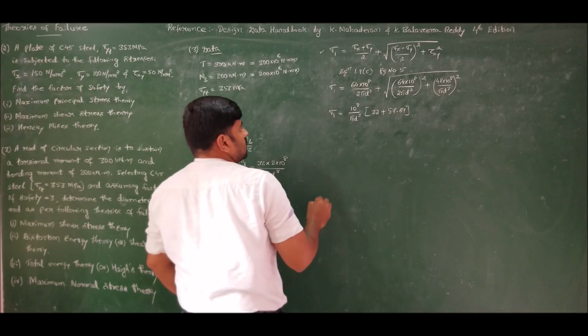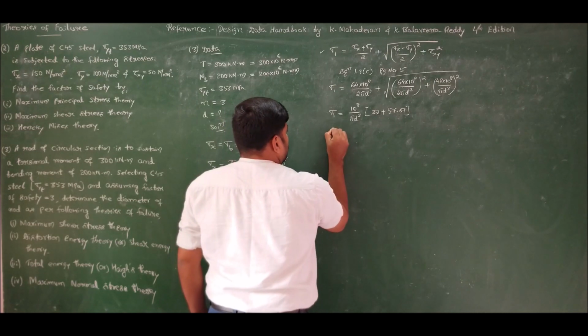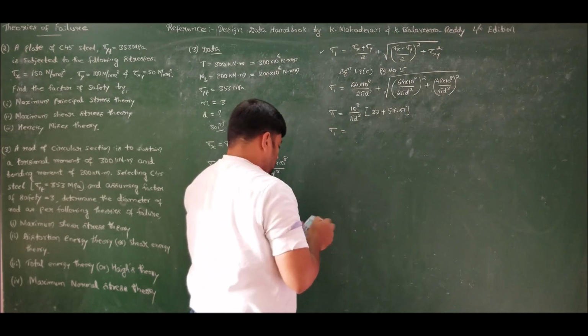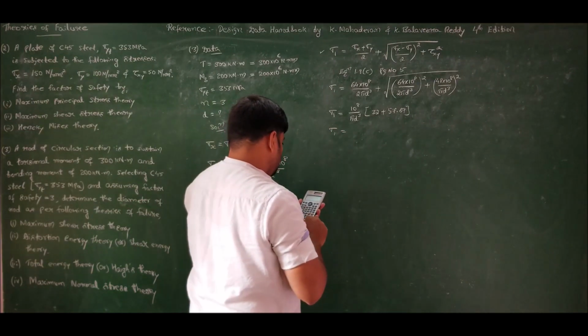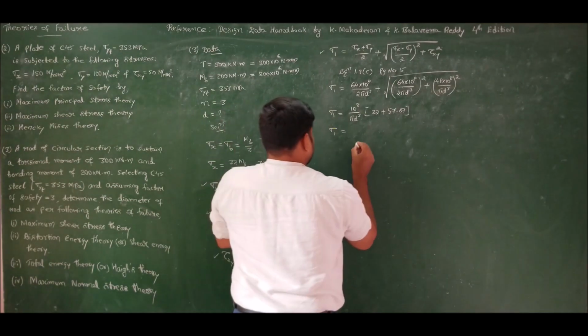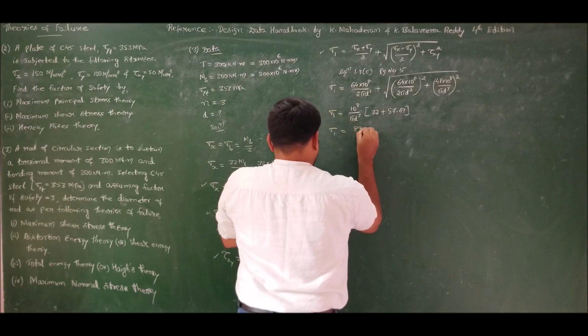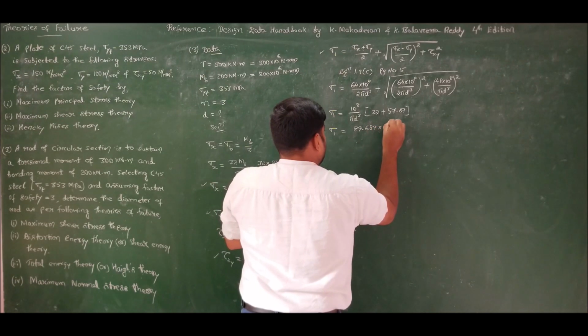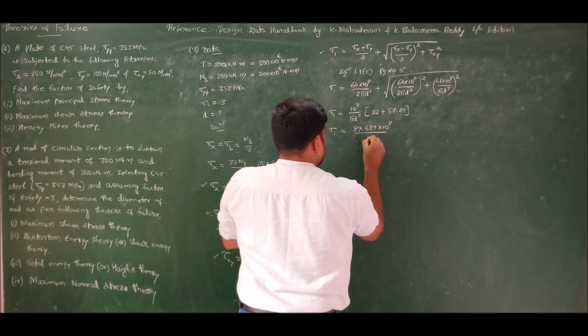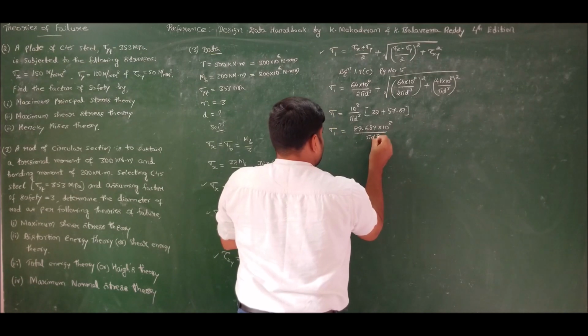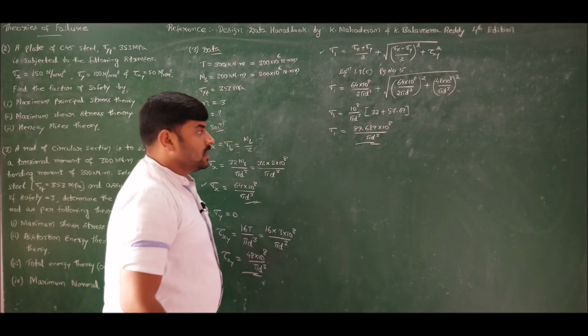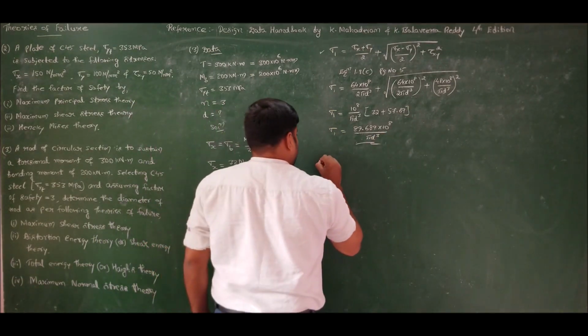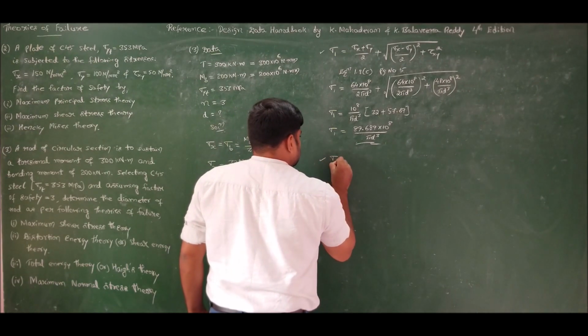So therefore sigma 1 will be 32 plus 57.69, which is nothing but 89.69 into 10 to the power of 8 by pi d cube. Clear?